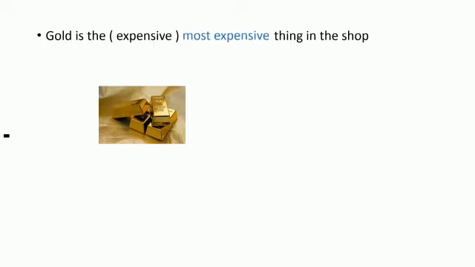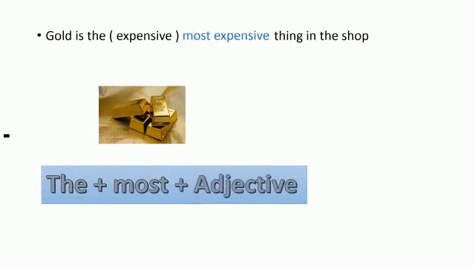So in this case, we are going to put the adjective as it is, but before the adjective, we are going to add most. So it will be gold is the most expensive thing in the shop. So we have another rule: the plus most plus the adjective as it is.